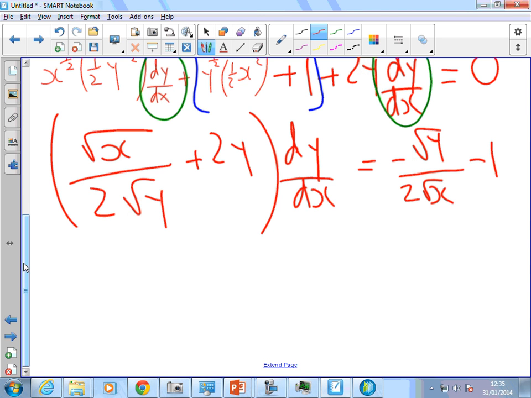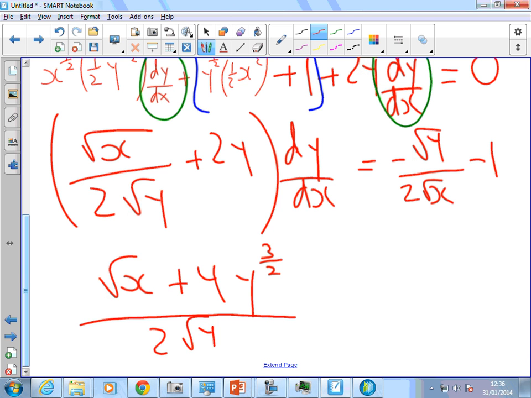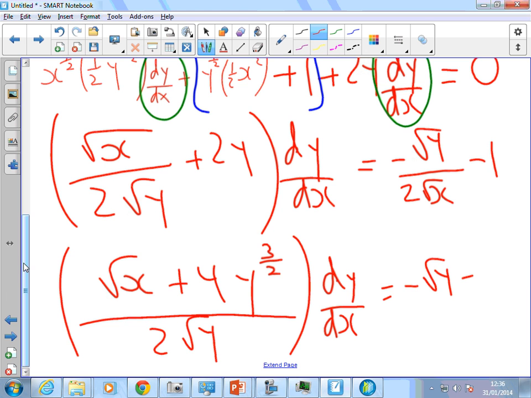If I combine the fraction, I have root x plus 4y to the 3/2, y times root y, all over 2 root y, dy by dx, is equal to, I can do the same thing to this, minus root y minus 2 root x all over 2 root x.